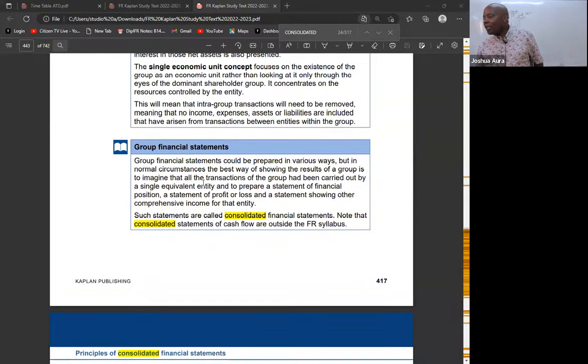But in normal circumstances, the best way of showing the results of a group is to imagine that all the transactions of the group had been carried out by a single equivalent entity, and to prepare a statement of financial position, a statement of profit or loss, and a statement showing other comprehensive income for that entity. Because you're putting them together, such statements are called consolidated financial statements.